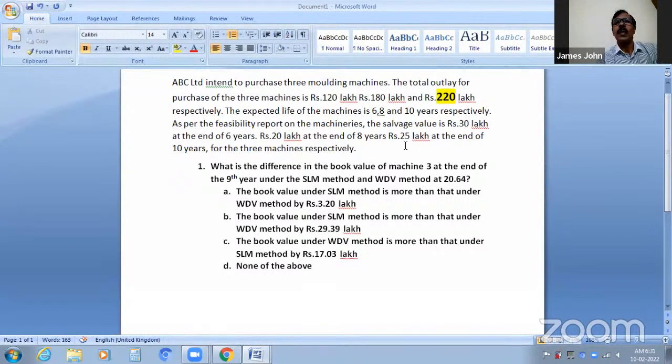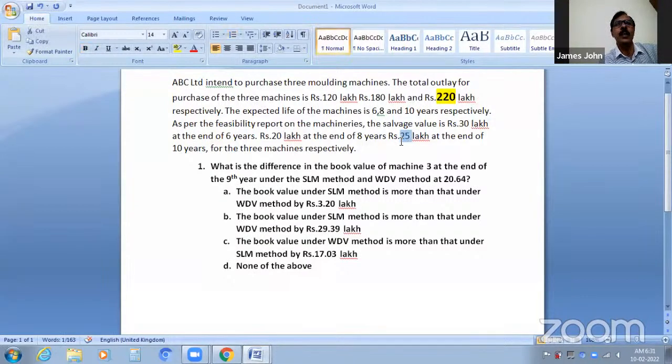Under the written down value method, it is 1 minus 0.2064, which is 0.7936 raised to 9. Take the factor and multiply with the third machinery's original cost of 220.